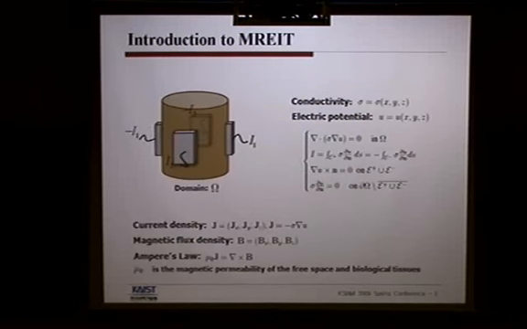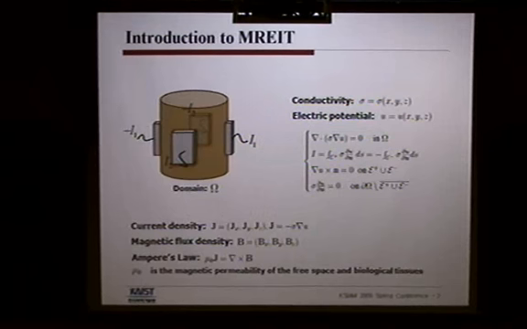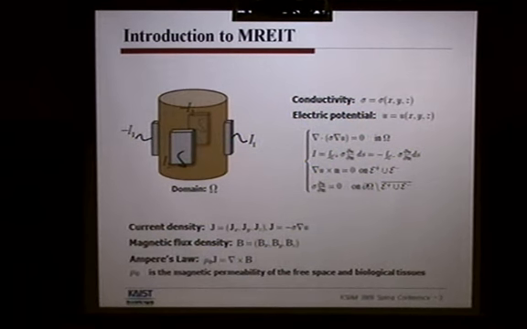This is the mathematics related to MREIT. We denote sigma as conductivity and use electric potentials. Inside this body, we assume the elliptic equation holds. On this electrode we inject two currents.